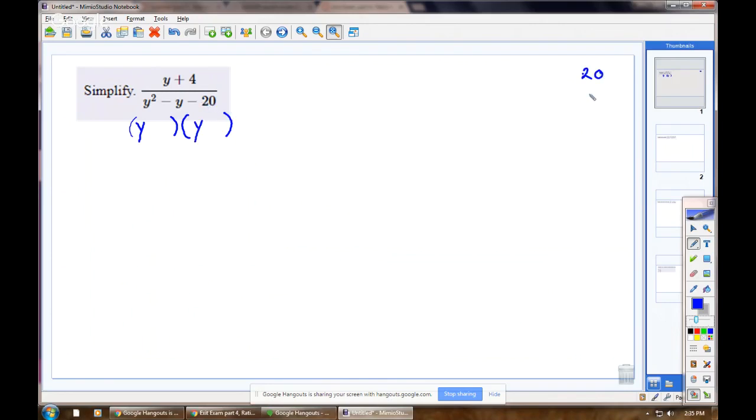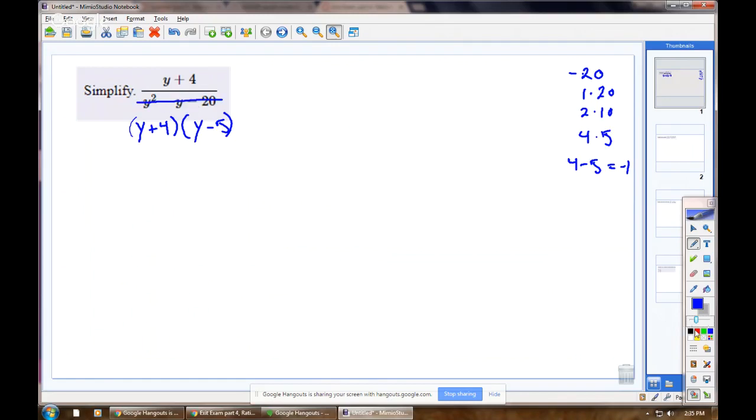So remember our routine: 1 times 20, 2 times 10, and 4 times 5. We want to be able to add or subtract to get the middle term here. In this case, that's a minus y, so I want to subtract these, and 4 minus 5 gives me negative 1, which is in the middle. That means the 4 has to be positive, and the 5 has to be negative. So that's the factored form of that denominator.